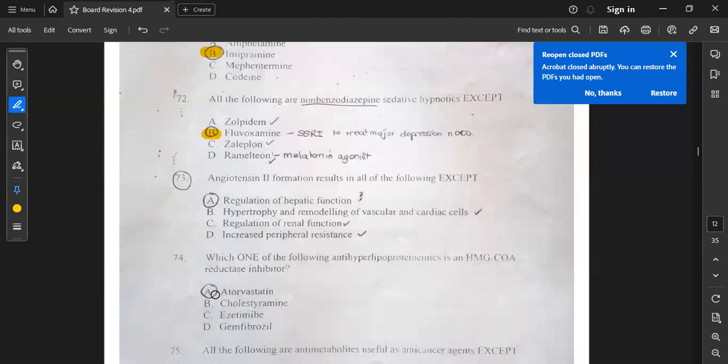I think we've discussed the RAS system time and time again. So all the following are actions of angiotensin 2 except.